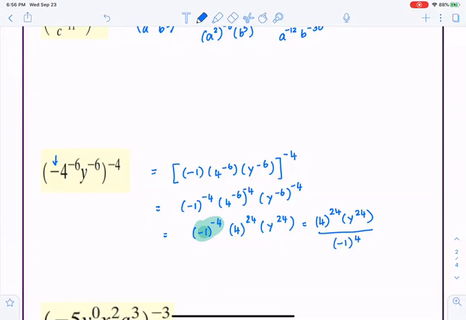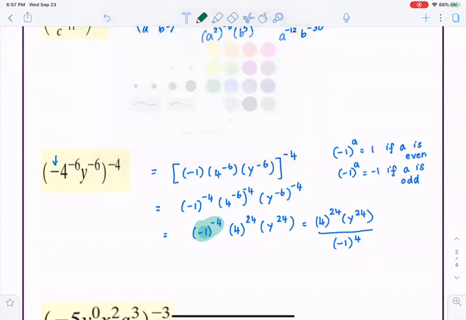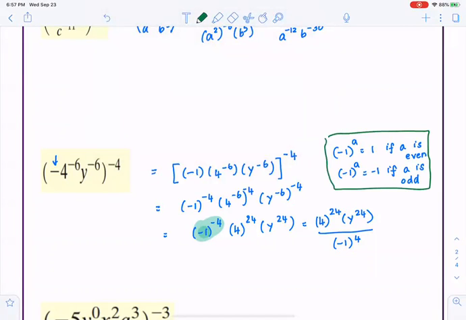And I'll put a remark here. If I have a negative number and I raise it to a power, it all depends on the power that I raise -1 to.